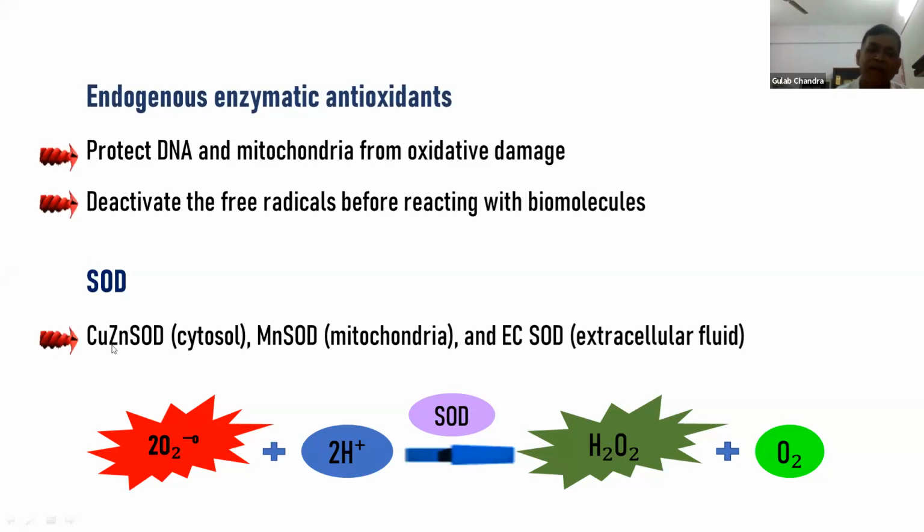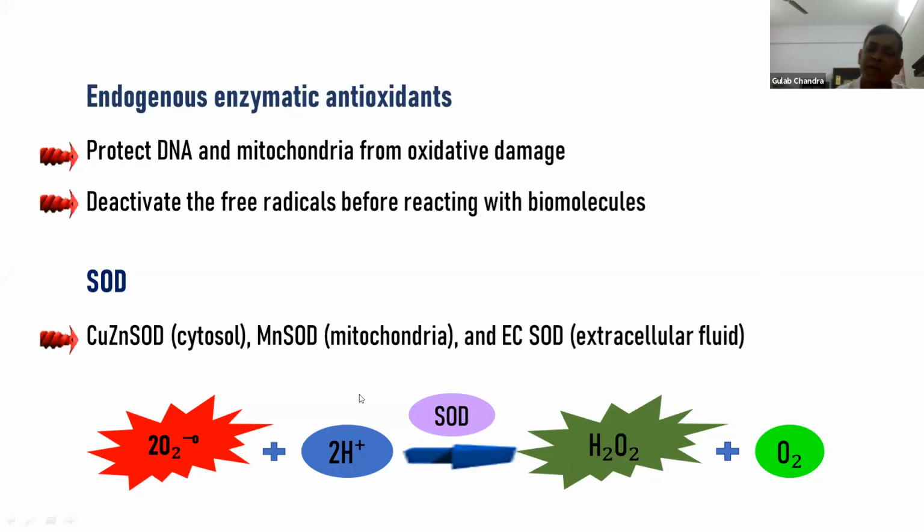Copper-zinc superoxide dismutase is found in the cytosol of the cells, and manganese superoxide dismutase is found in the mitochondria of the cells. The extracellular superoxide dismutase is found in the extracellular fluid and protects the animal from the free radicals.